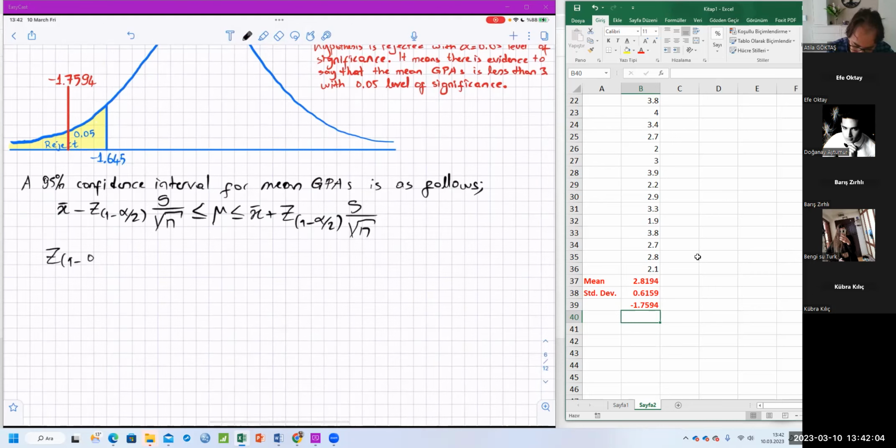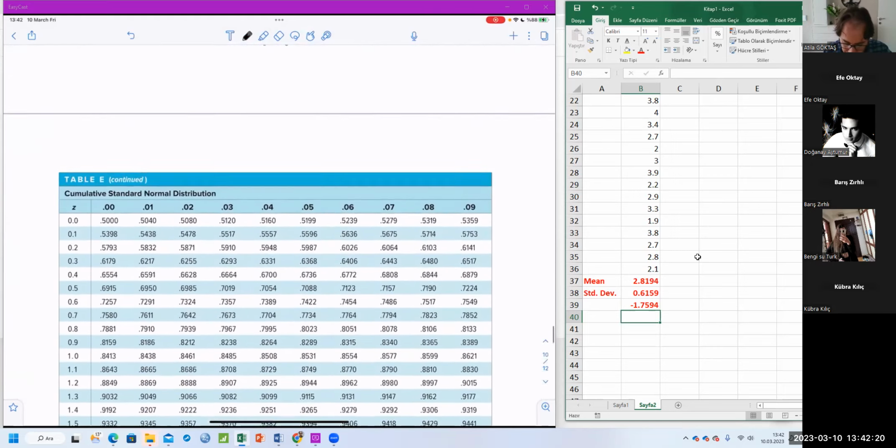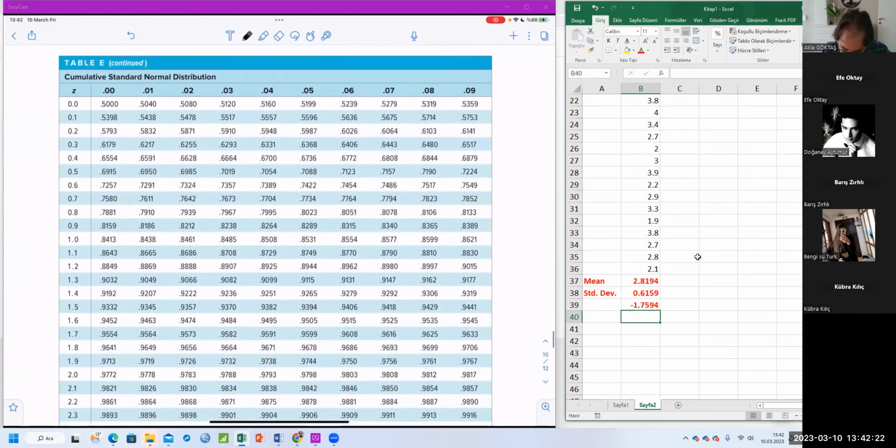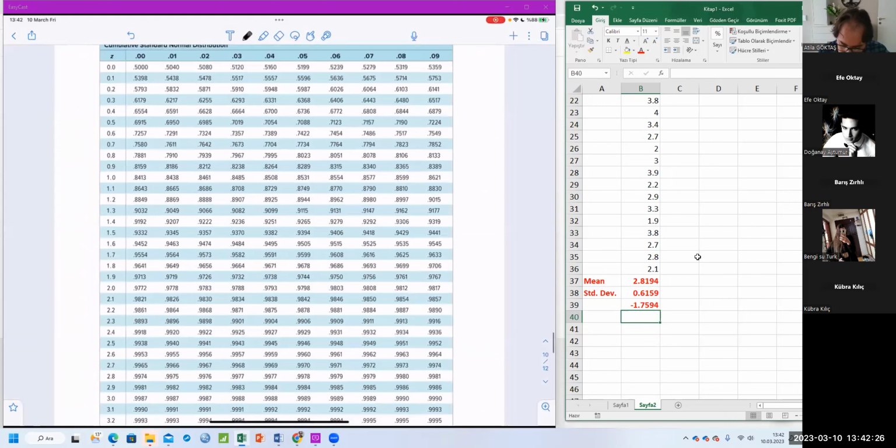Okay, we also need the critical value Z 1 minus 0.05 divided by 2. This is Z 0.975. So it's easy to determine this from the second Gaussian distribution table, table E. We need to look for the value of 0.975.